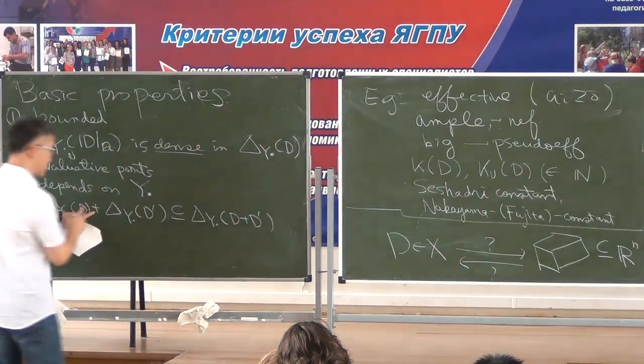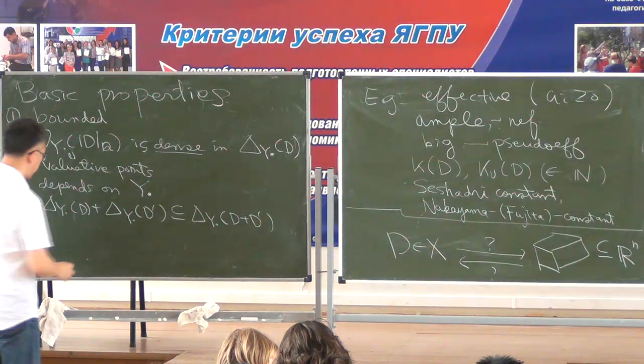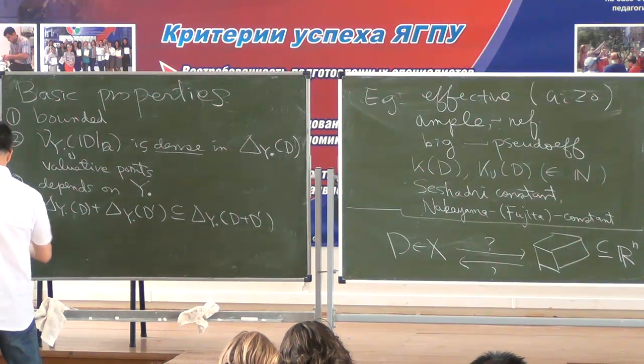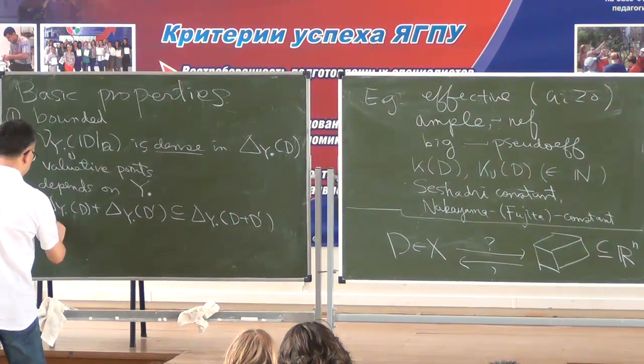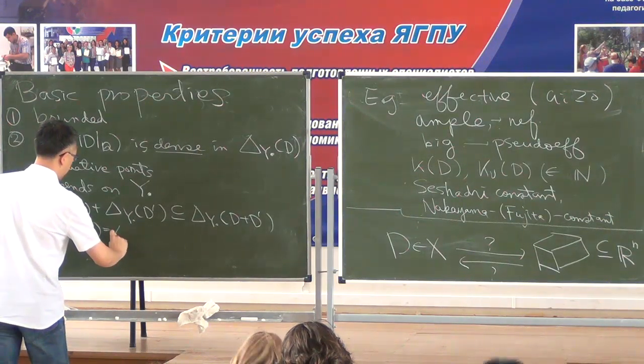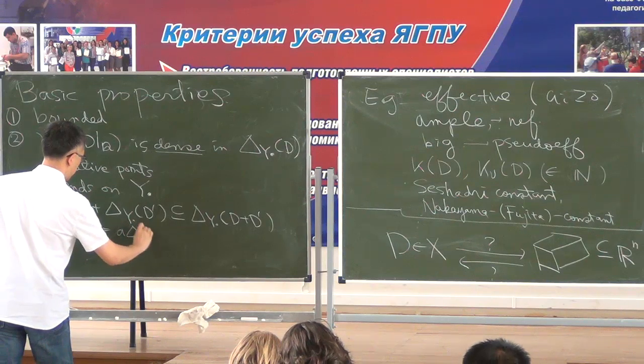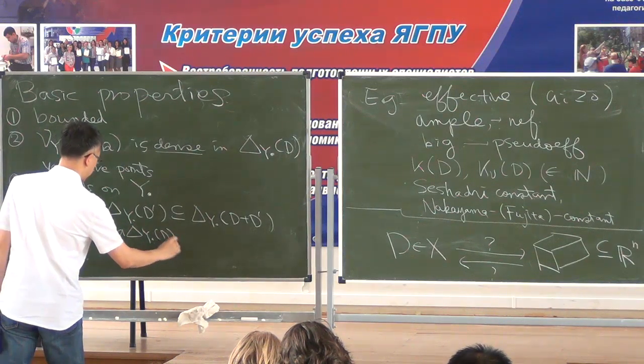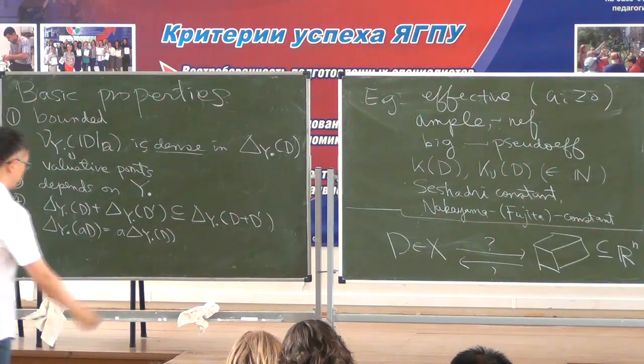So this is the Minkowski sum. So this satisfies the additive property, and it's homogeneous. So AD is A times the body, for A.